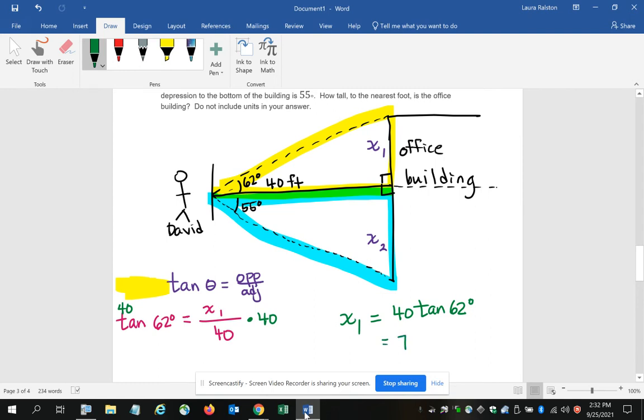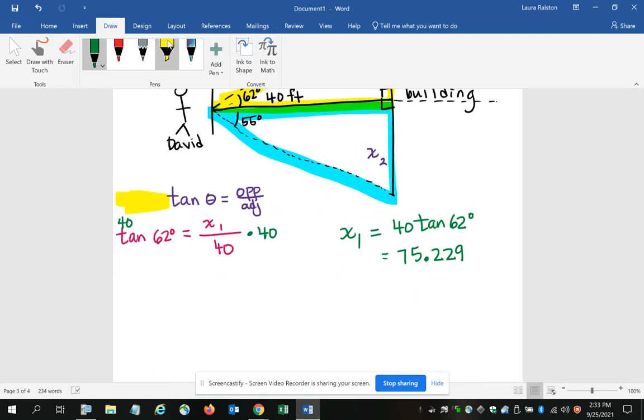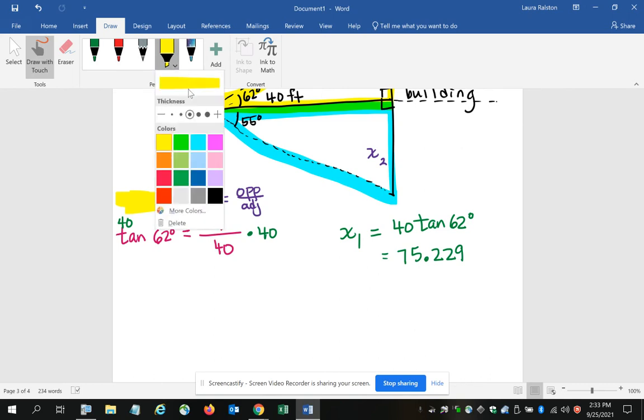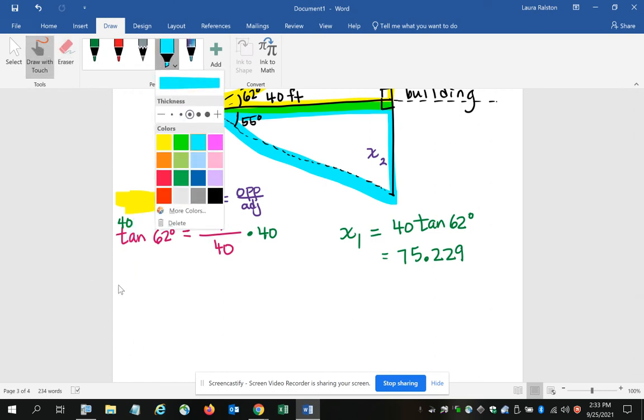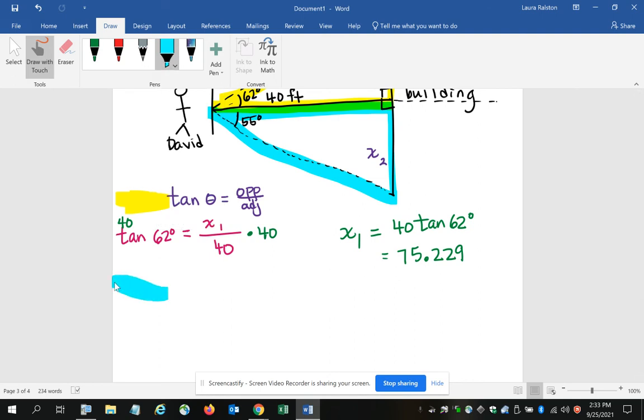Okay, so I have 75.229. Then we have to do the turquoise triangle. Okay, so now we're looking at that triangle.